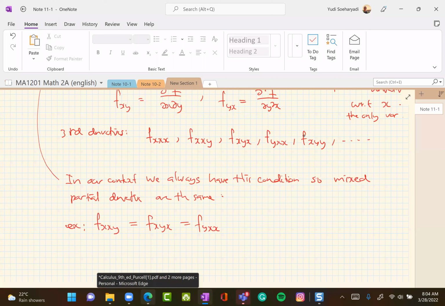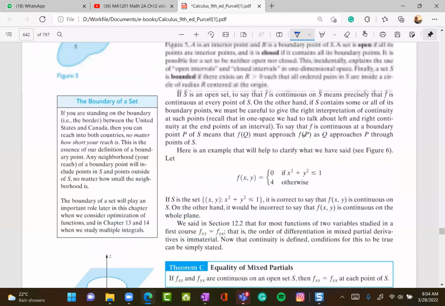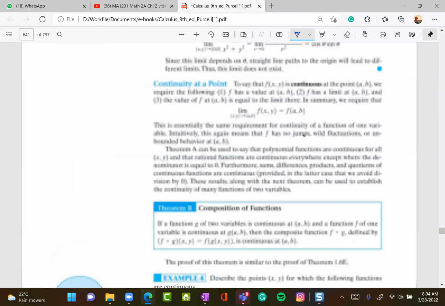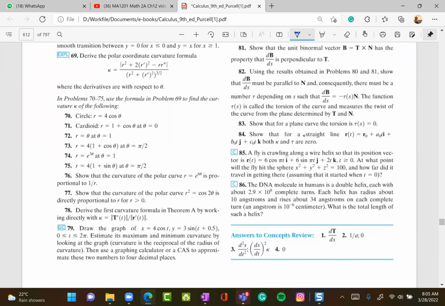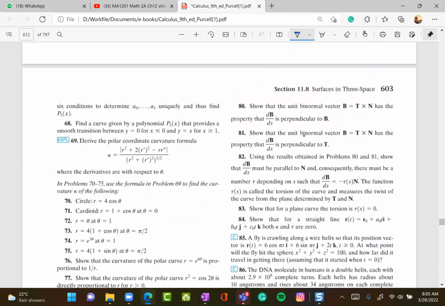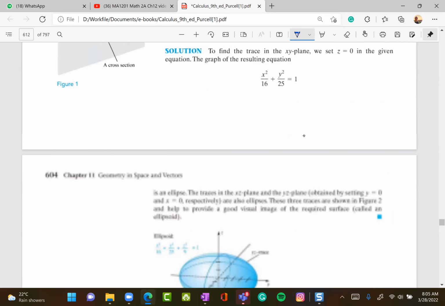Let me show you some more examples picked up from the book. So let's move again to the partial derivatives.